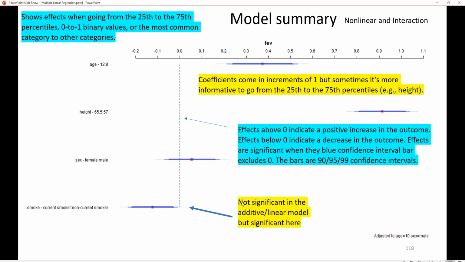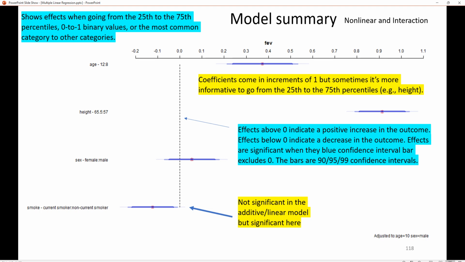And we see that for smoking, it's not significant in the additive linear model, but it is significant here. So there probably is a smoking interaction, or maybe smoking represents certain groups, maybe older patients.